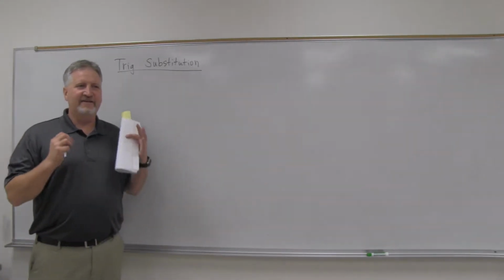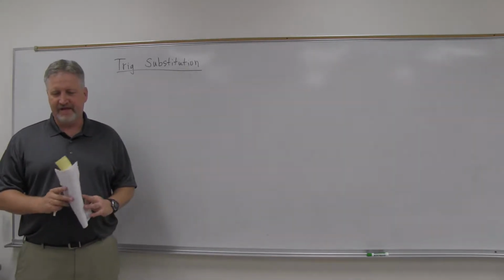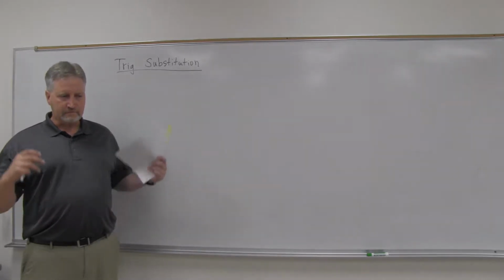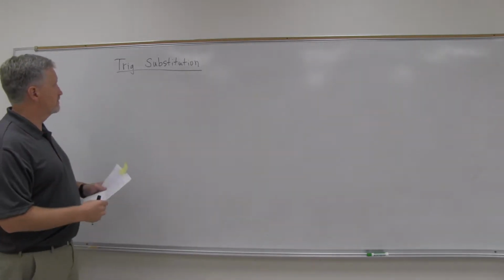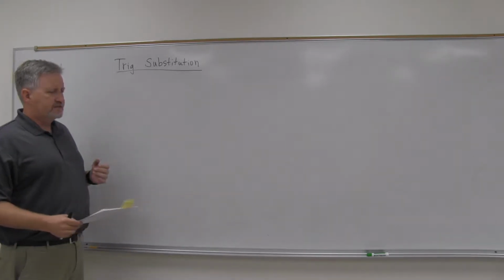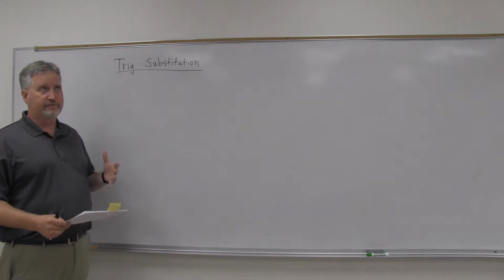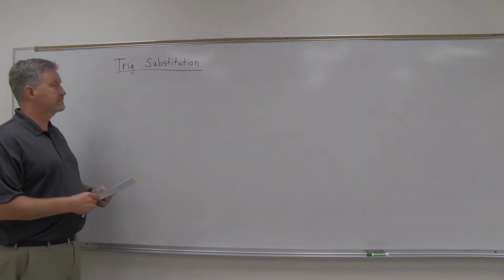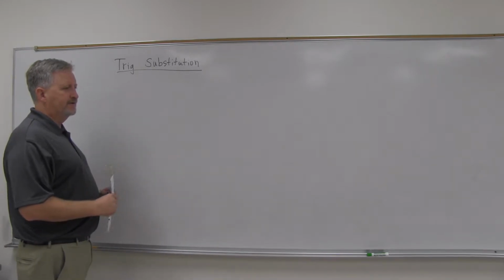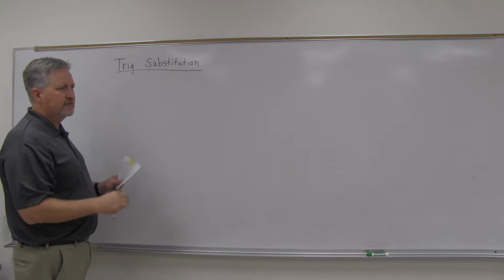All right, need to talk a little bit about a technique known as trig substitution for integrals. This allows us to do some other types of, I don't know the best way to call them, integrals that have fractions in them.